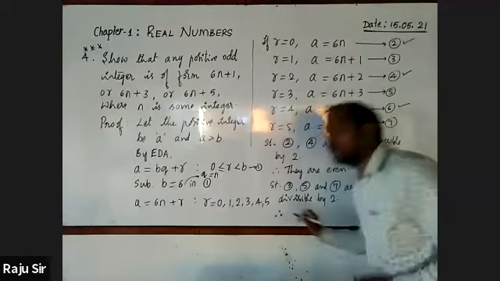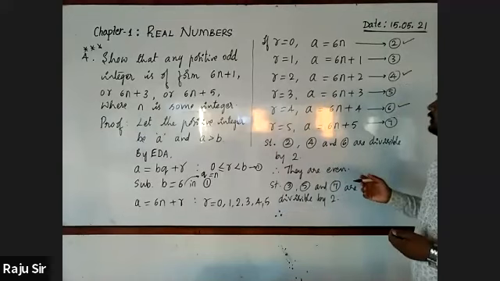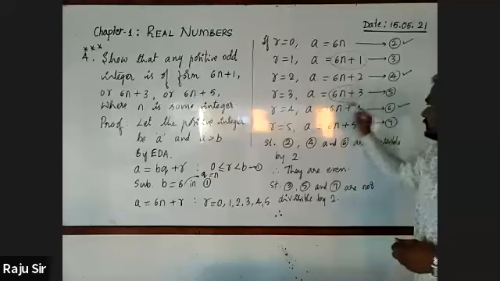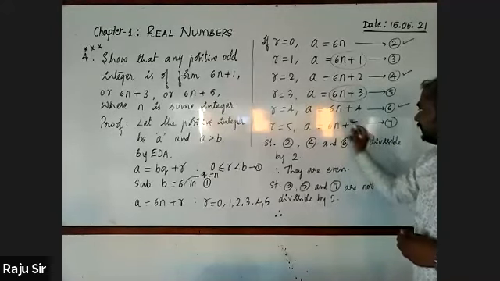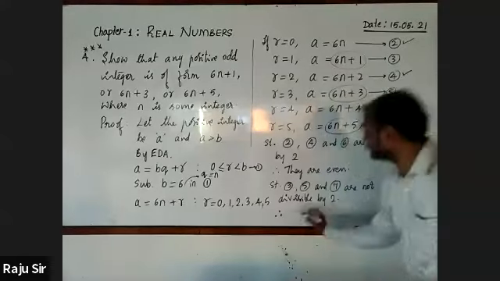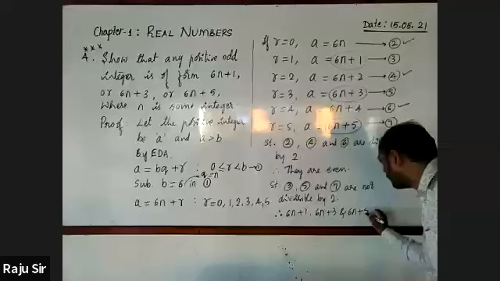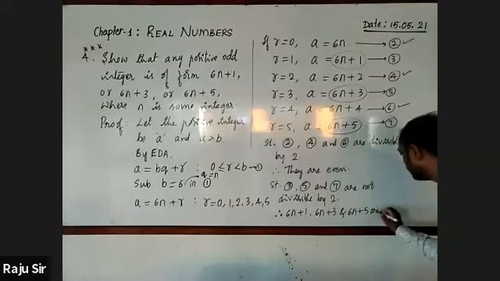Therefore, they are odd. Which are those? One is 6n plus 1, second one is 6n plus 3, and third one is 6n plus 5. Write the same: 6n plus 1, 6n plus 3, and 6n plus 5 are odd.